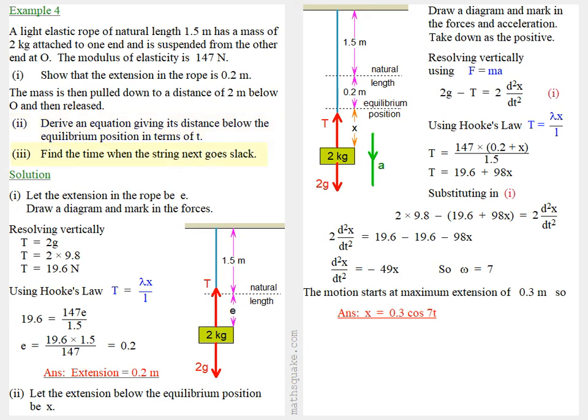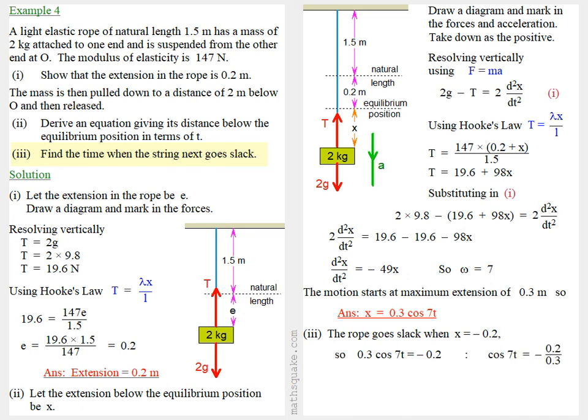Now in part 3 we're asked to find the time when the string first goes slack. Now the equilibrium position is 0.2 meters below the natural length, and the string will go slack when the mass reaches the natural length. In other words, x is equal to minus 0.2. So 0.3 cos 7t is equal to minus 0.2.